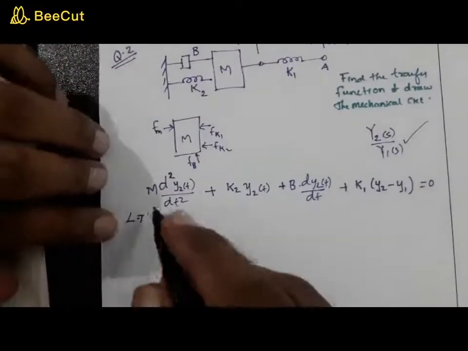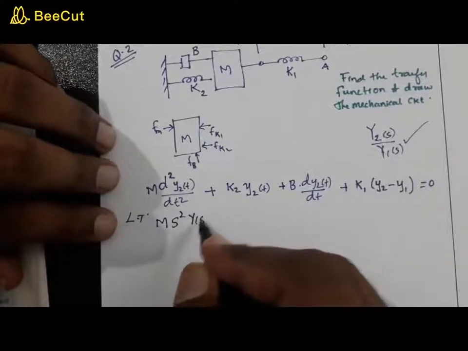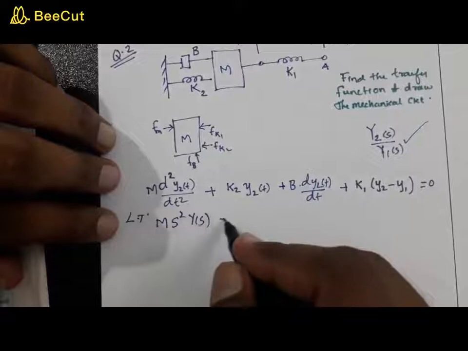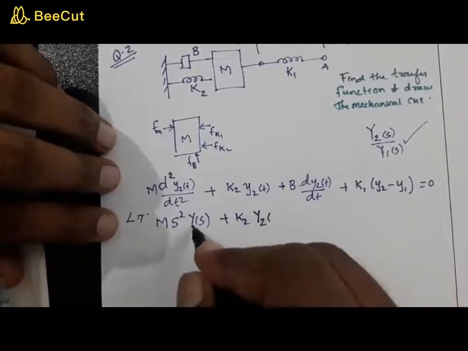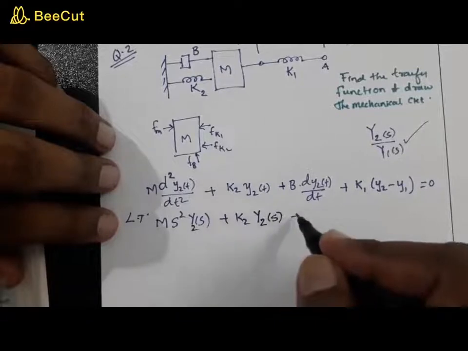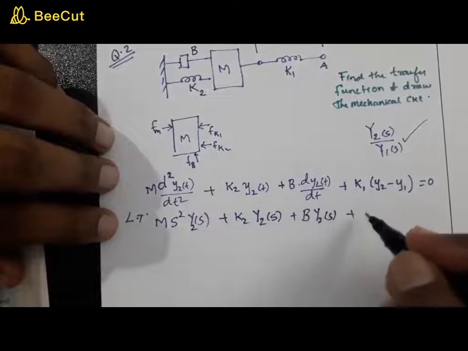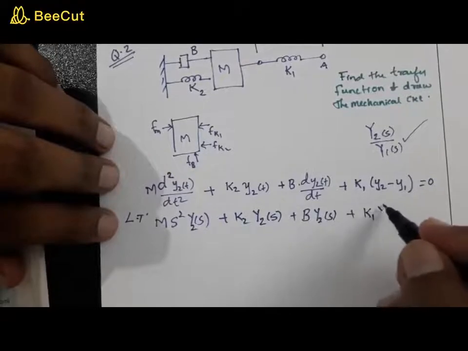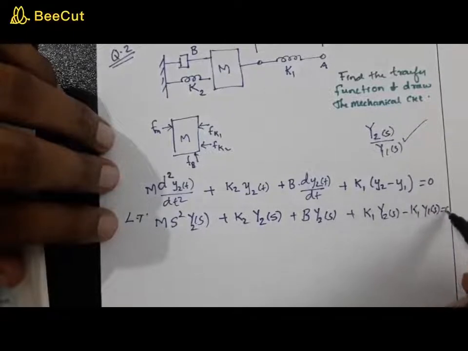So how will you find the Laplace transform? This is m into s square into y2 of s, no need to write the rest, plus k2 into y2 of s, plus b into s into y2 of s, plus k1 into y2 of s minus k1 into y1 of s, is equal to 0.